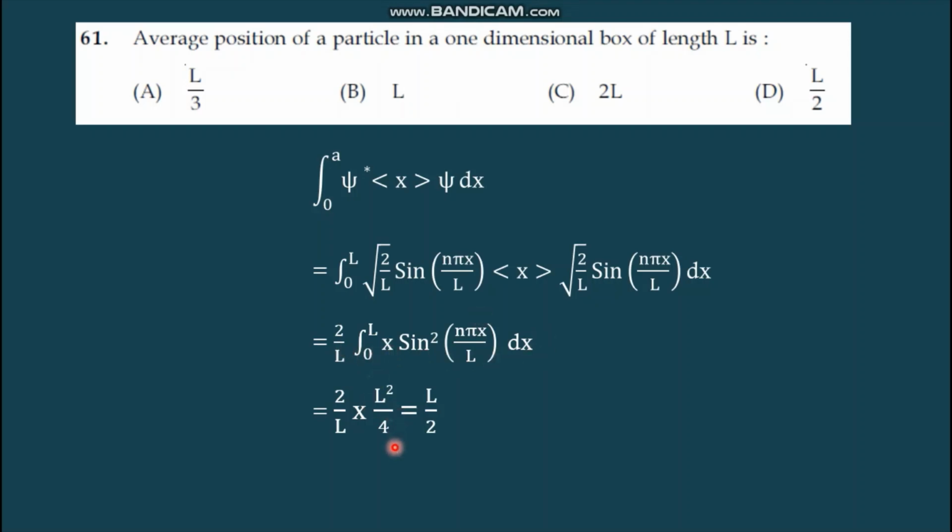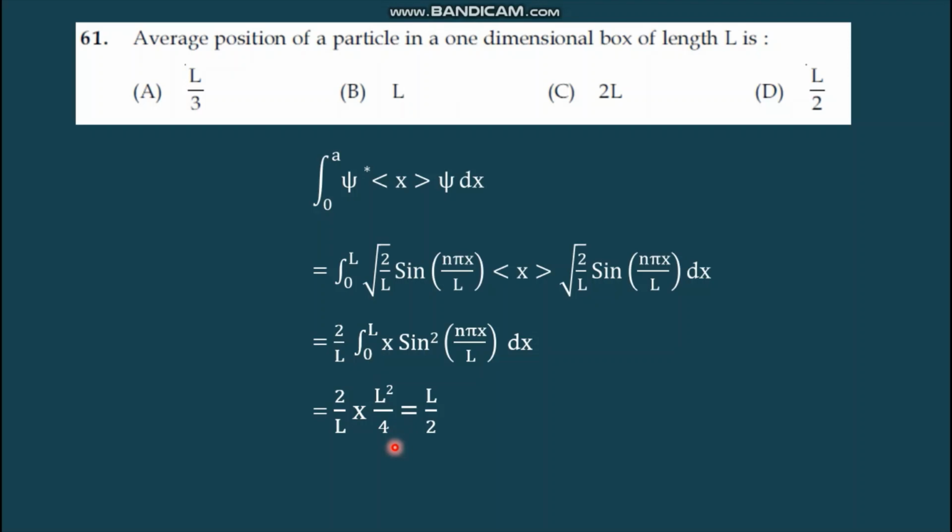In quantum mechanics some integrals have values that you have to remember all the time. In CSIR exams you can remember those values, just put them in the equation, and you can solve it. Otherwise solving it will take time.